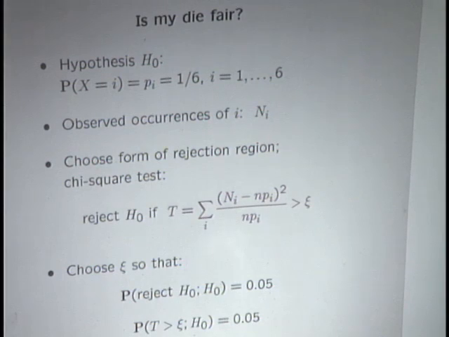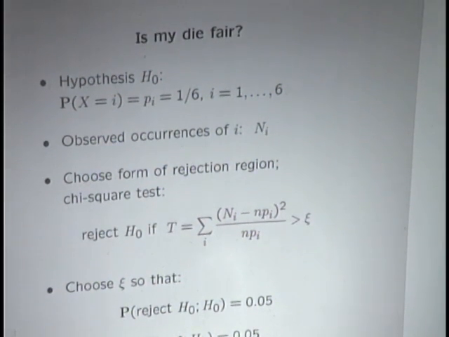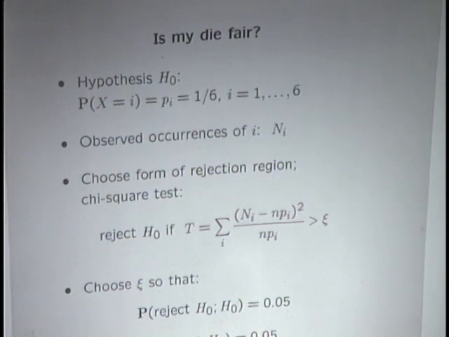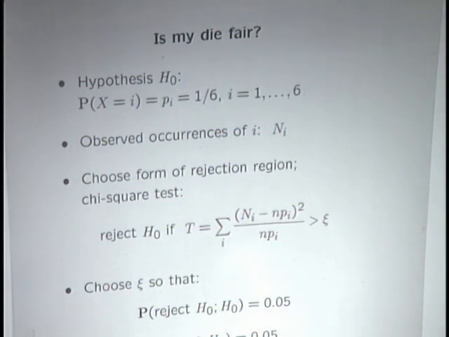You can also think about testing whether a die is fair. So for a die, the null hypothesis would be that every possible result, when you roll the die, has equal probability and equal to 1/6. And you also make the hypothesis that your die rolls are statistically independent from each other.